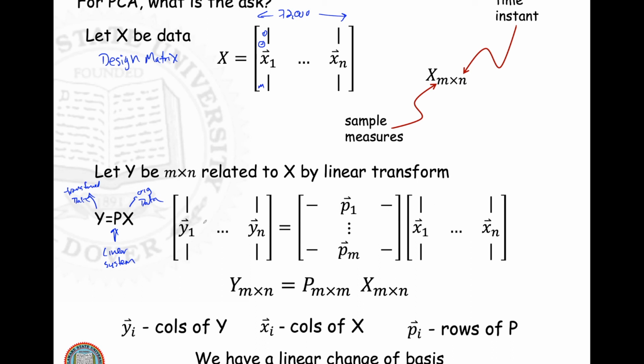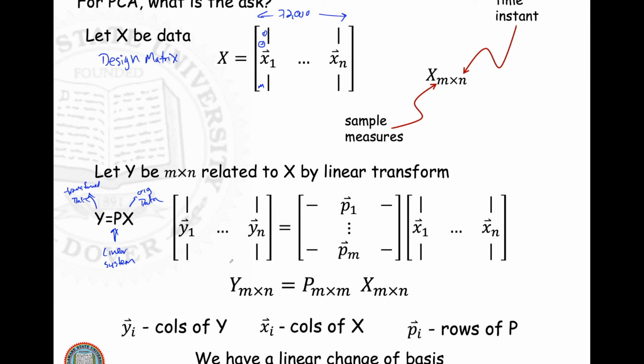This linear system we're calling P has M rows, where each row is responsible for some aspect of combination among each one of these measurements. If we multiply this out, we'd say P1 times the first data item, P1 times the second, and so on, then PM times the first one, PM times the second one, PM times the third one, and so forth.